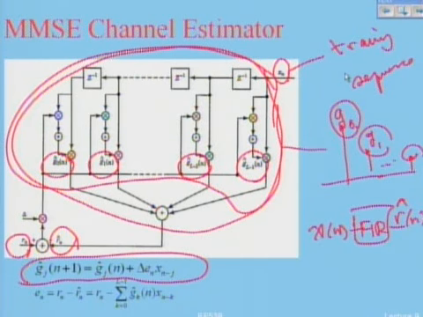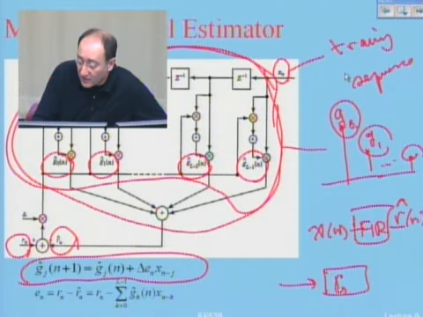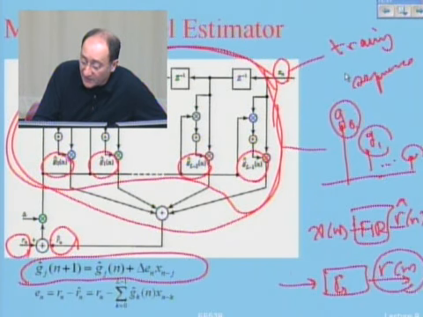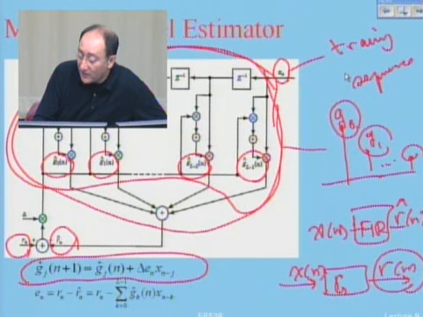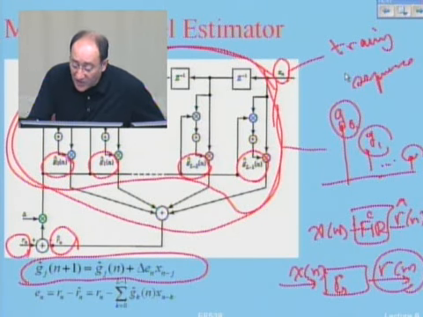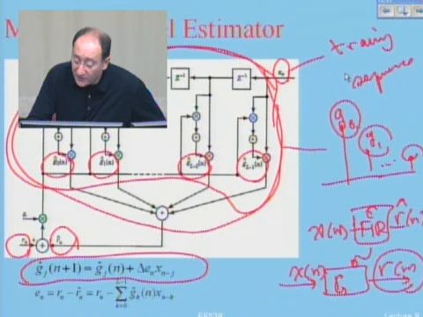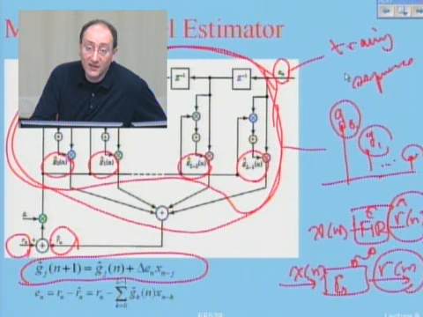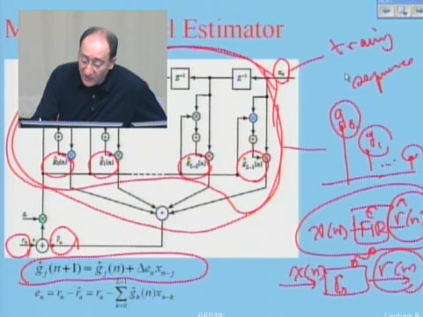The received signal came through another FIR filter, which was the channel, G, and the output was R sub n. This is what I have received at the receiver. Now, at the receiver I also have another FIR filter, G hat, which is the estimate of this filter. The output of that is Rn hat. This is what I create at the receiver.